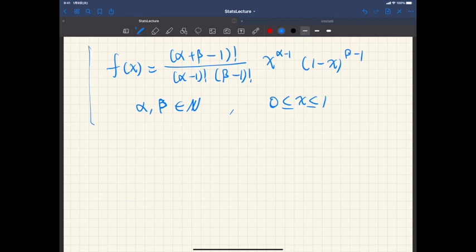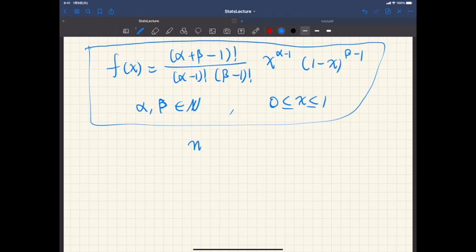But doesn't this look familiar a little bit? Do you remember the probability mass function for the binomial distribution? It looked like this: n factorial over k factorial (n-k) factorial, p^k (1-p)^(n-k).